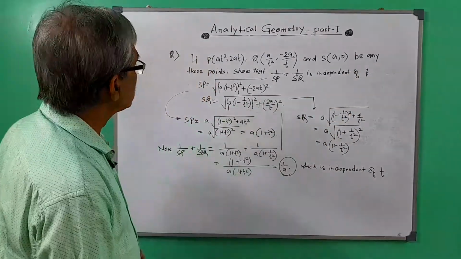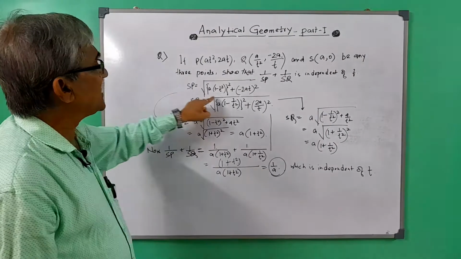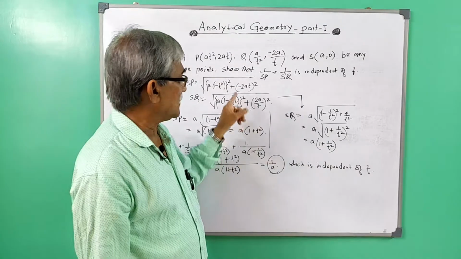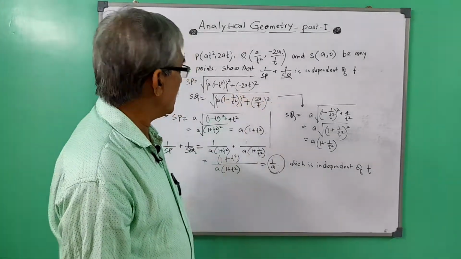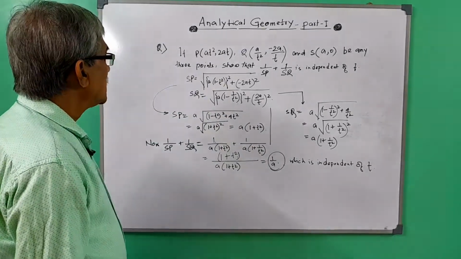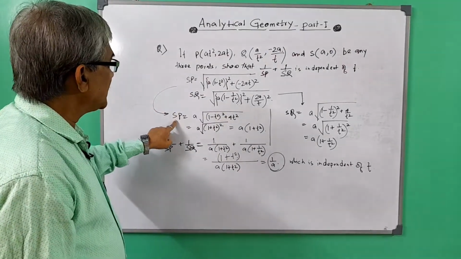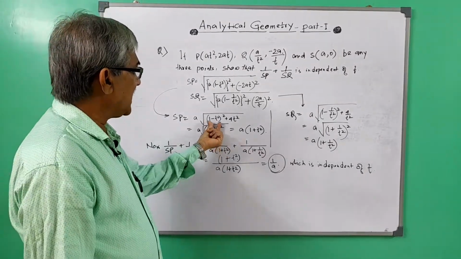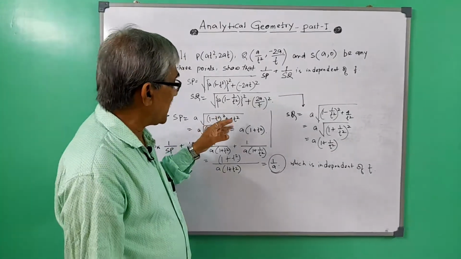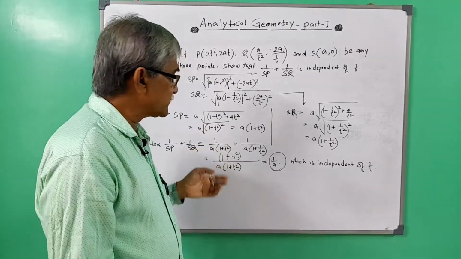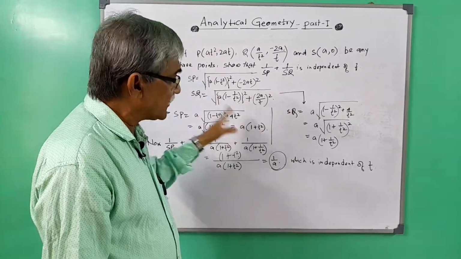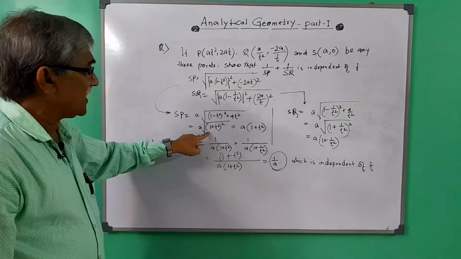Let us prove it. Now you know, by the distance formula, SP is equal to this, a simple one, square root of (a into (1 minus t square)) whole square plus (minus 2at) whole square. Likewise, SQ is equal to under root this plus this whole square. Okay, now if you simplify this, then SP becomes, you just simplify. Here we have used the formula (a minus b) whole square plus 4ab becomes (a plus b) whole square.